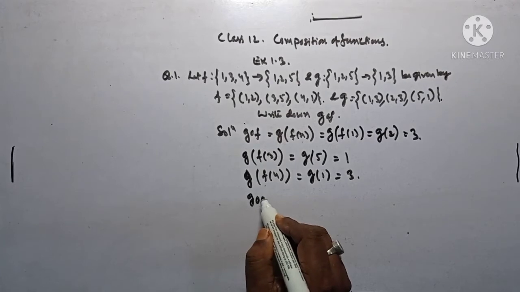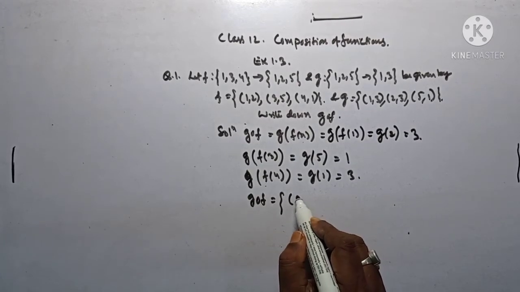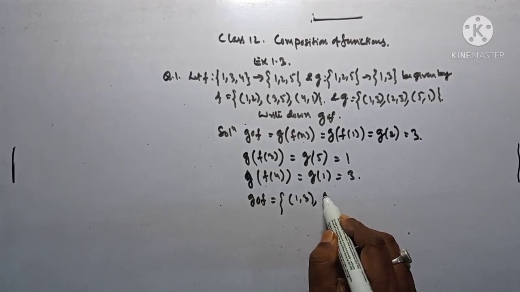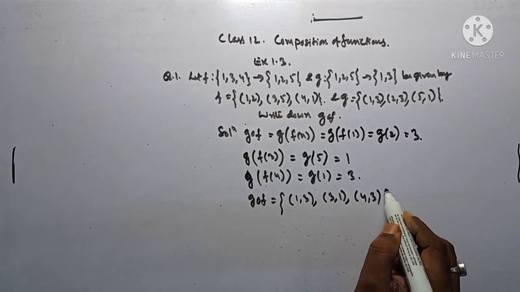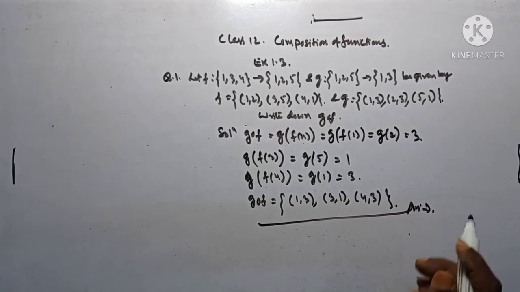So your g o f will be (1,3), (3,1), and (4,3). This is your answer.